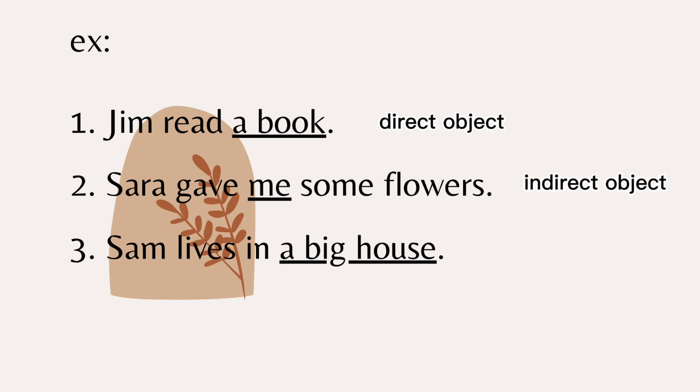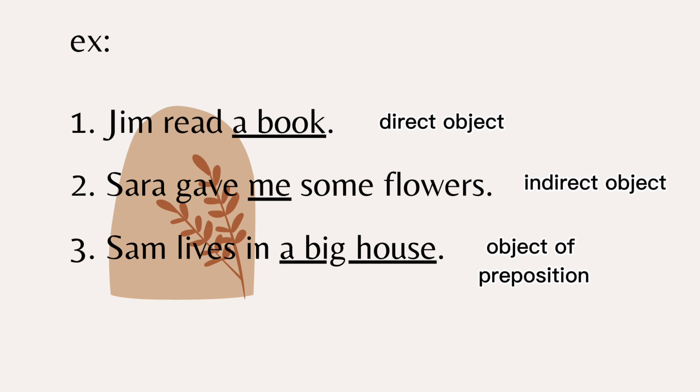Number 3, Sam lives in a big house. And this is an object of preposition. The terms direct object, indirect object, and object of a preposition refer to the specific roles of noun phrases or nouns within a sentence.